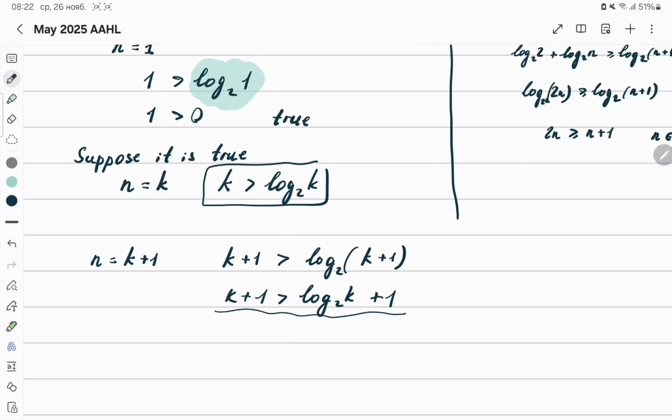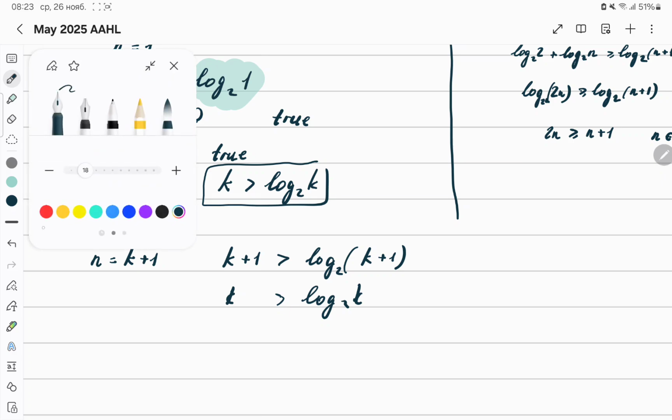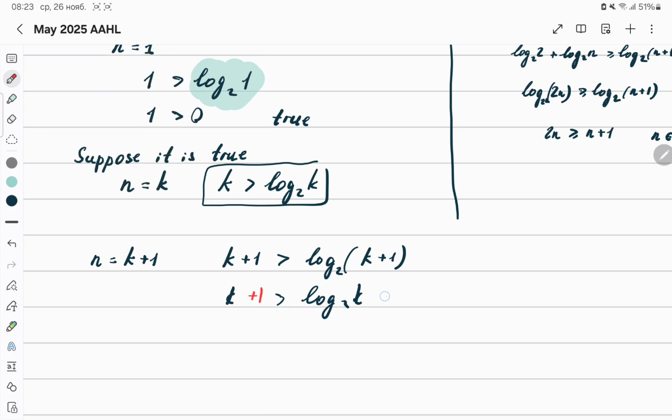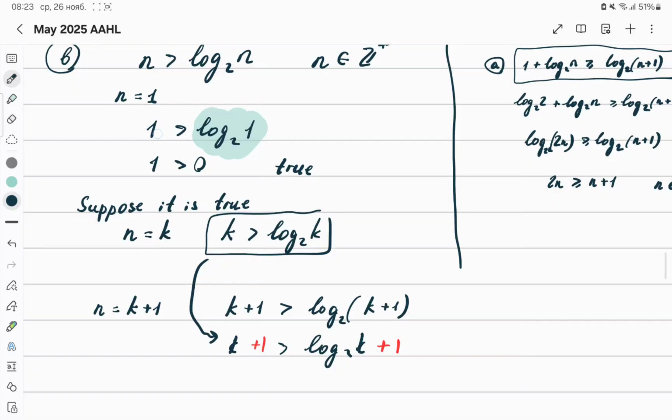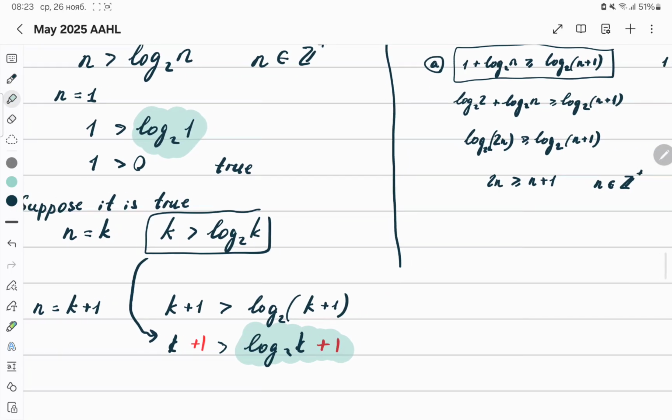So if we use this part, and let me delete it first, k is more than logarithm k in base 2, and then add 1 to both sides, our inequality stays the same, right? So that's how we used the previous step. And now from part A we can say that this part is more than this part.